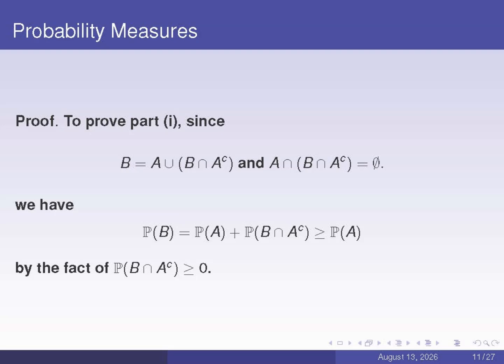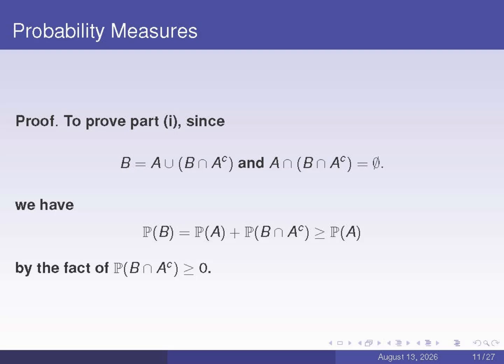First, we prove the first property. Since set A is contained in set B, event B can be decomposed into two mutually exclusive events, as shown in the second line. That is, set B can be written as the union of set A and B intersect A complement. Furthermore, these two decomposed sets share no common elements and are therefore disjoint.